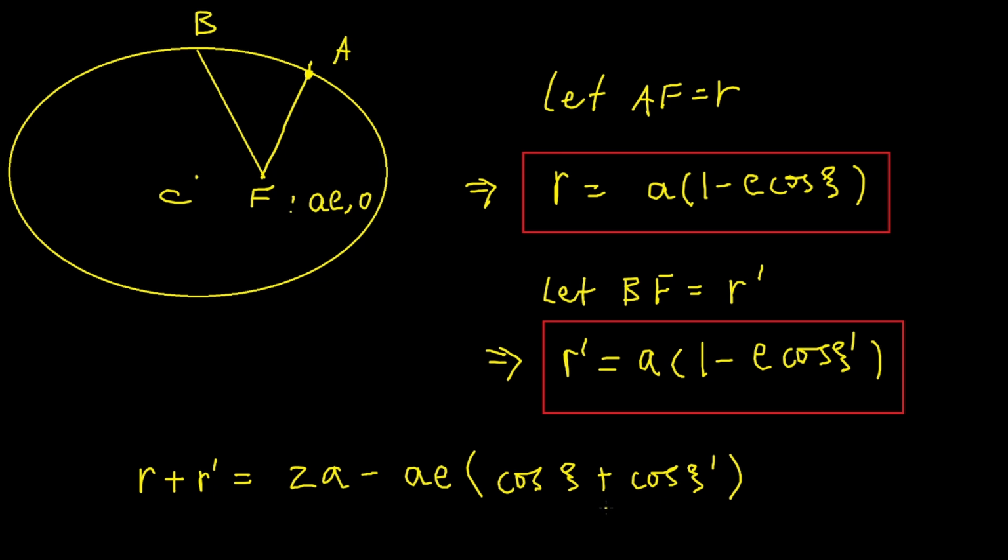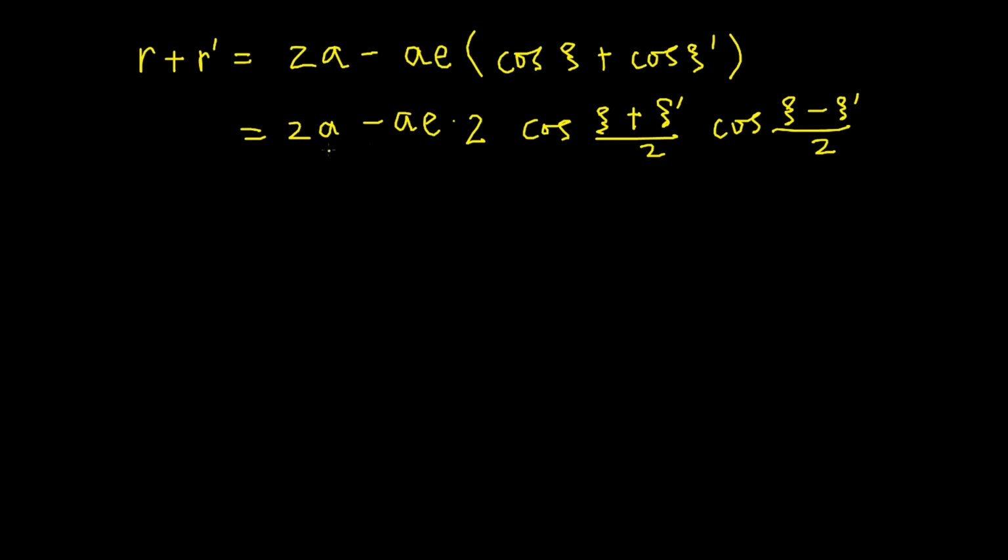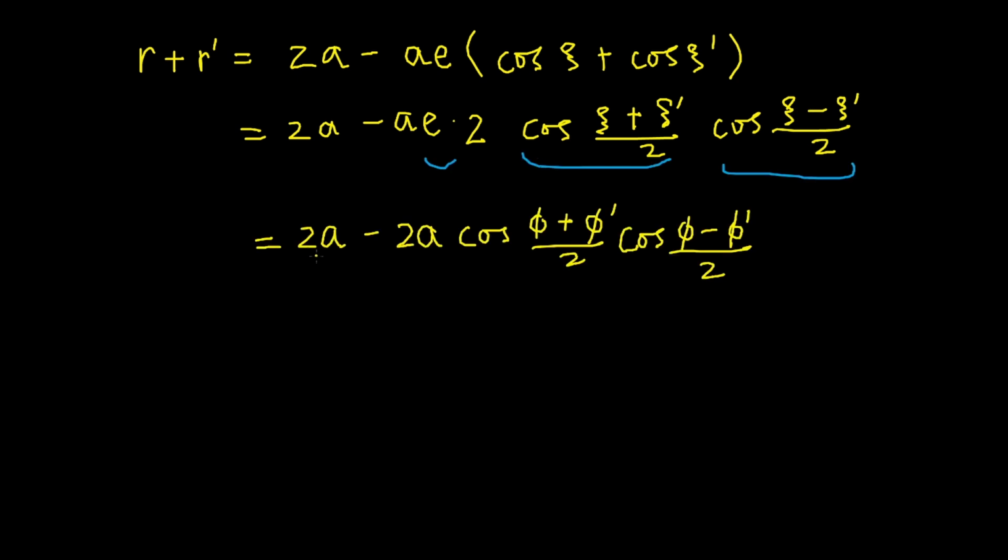Use the sum to product formula, and we get 2a minus ae times 2 times the cosine of the half sum and times the cosine of the half difference. Recalling our relations earlier, we get 2a minus 2a times the cosine of phi plus phi prime over 2, cosine of phi minus phi prime over 2. And the second term is just a times cos phi plus cos phi prime.